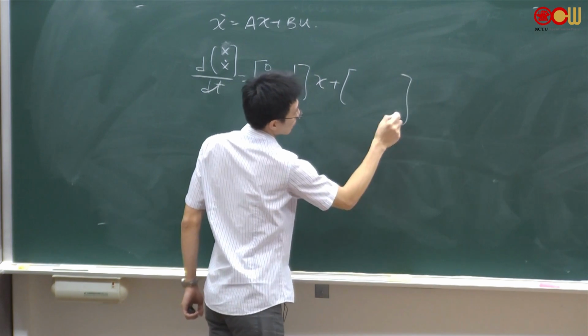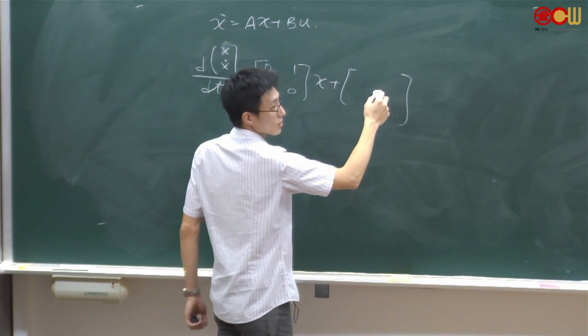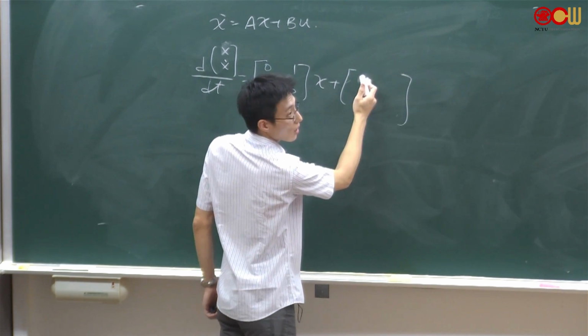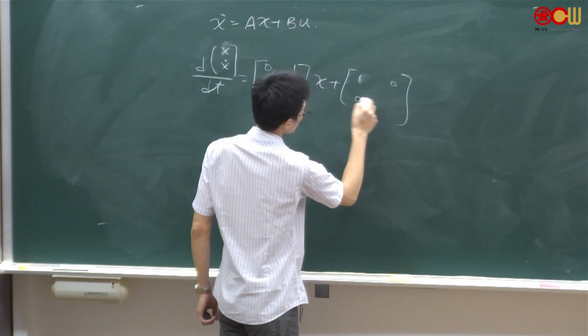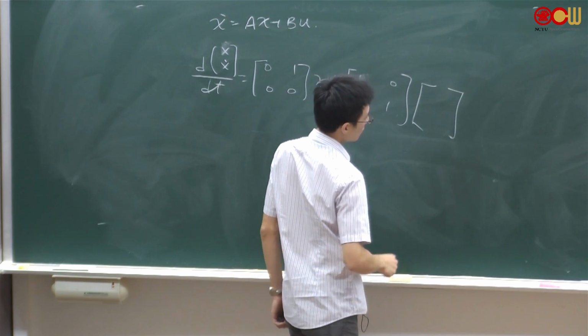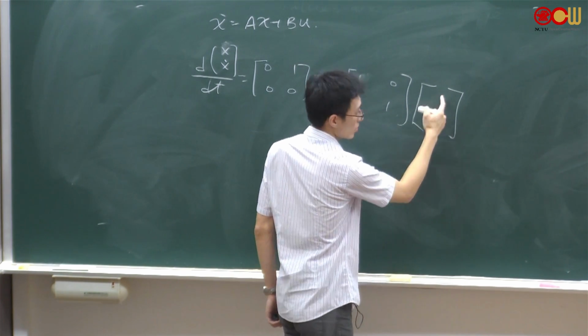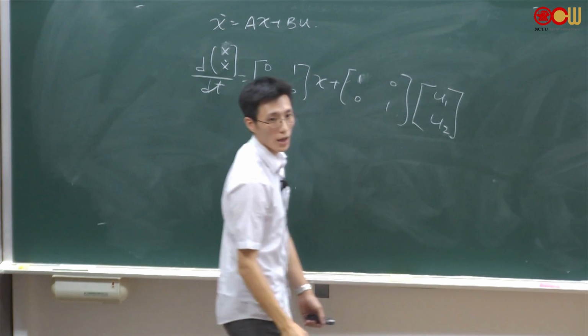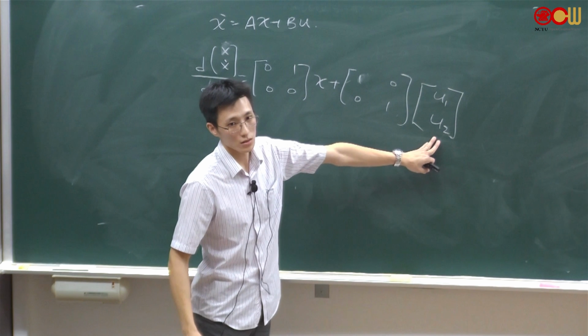B can also be a column vector, but it can be a matrix too, like 1, 0, 0, 1. And u will no longer be a scalar. It will be a vector of dimension 2 if you have multiple inputs.